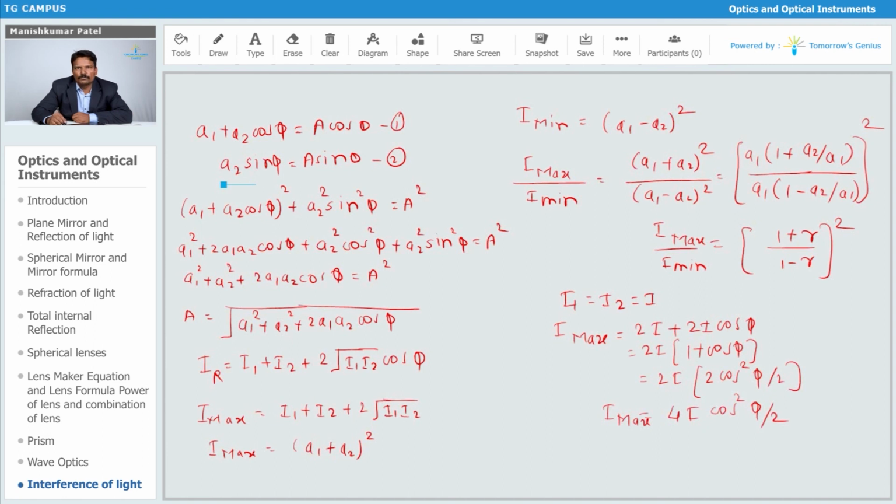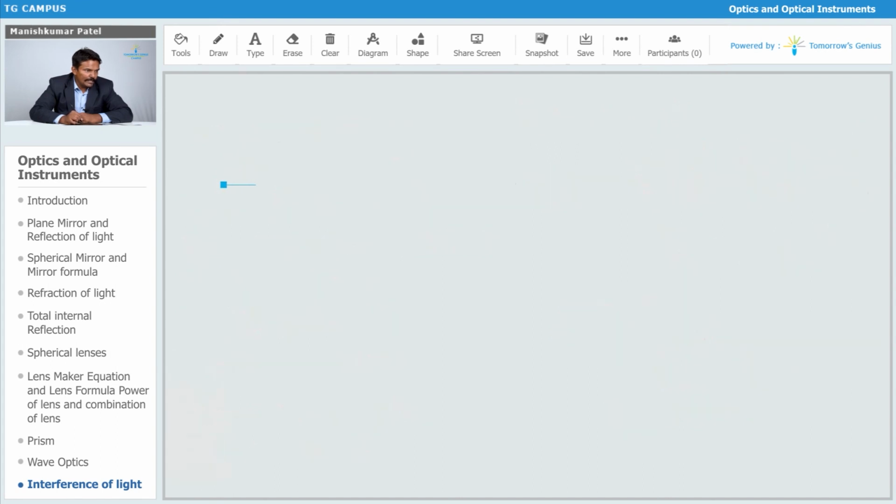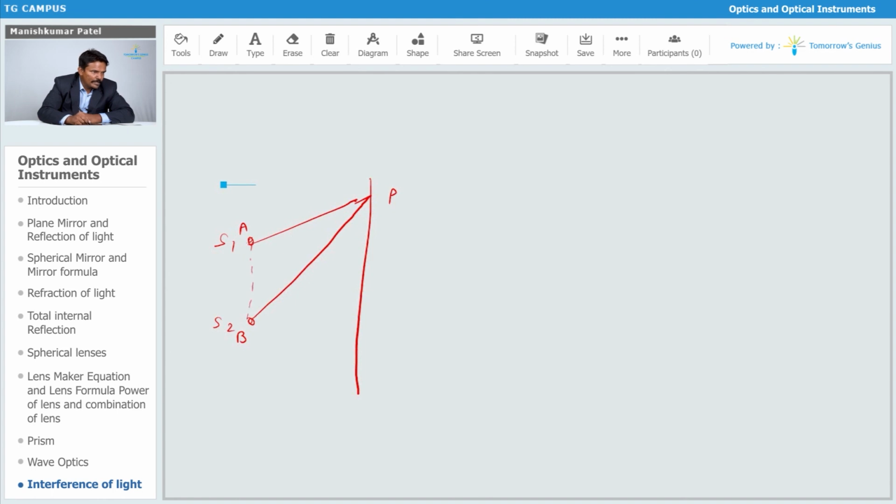Destructive and constructive interference, that we will see over here, and how exactly we are going to calculate it. Let's say these are the two sources S1 and S2 and this is the screen. Let's say this is A, B and this is P. This is the extra distance that they have to travel.